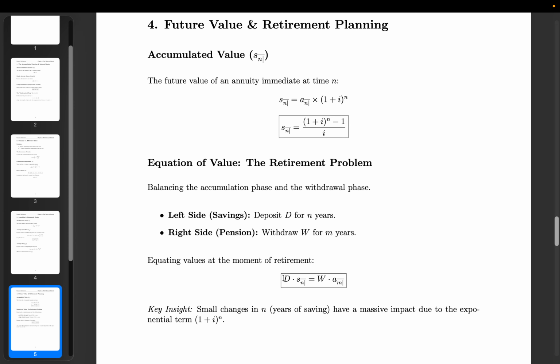And notice that this balance is beautiful. It shows that if you want a higher withdrawal, you either need to increase your deposit, increase the interest rate, or work longer. Working longer means increasing n.